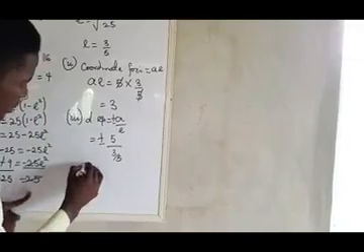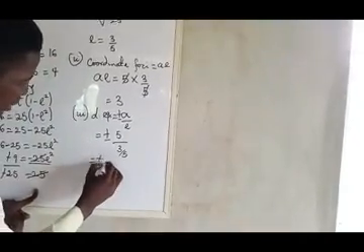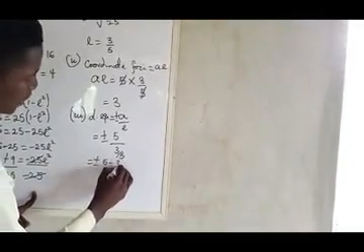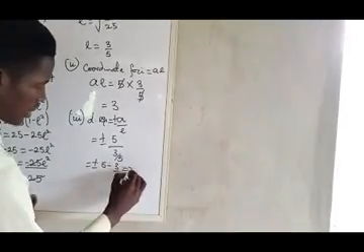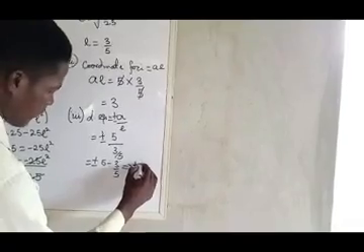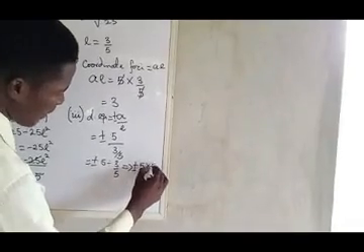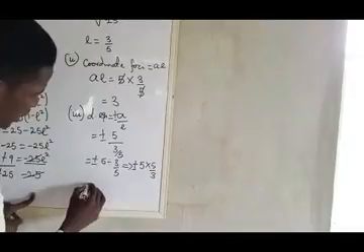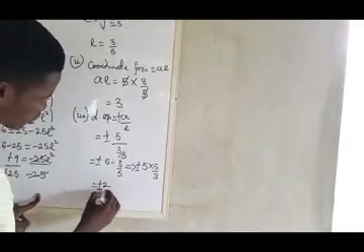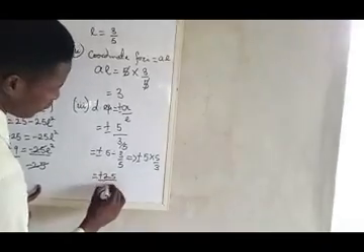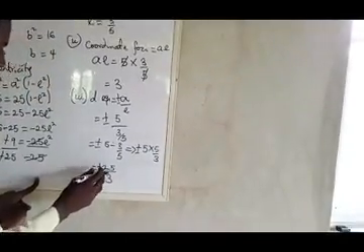So that will now be plus or minus 5 divided by 3 over 5, and that will be plus or minus 5 times 5 over 3, which is plus or minus 25 over 3. So this is the answer for this question.